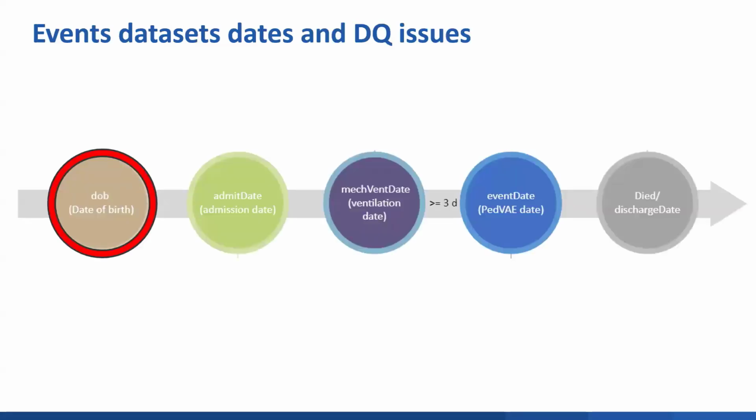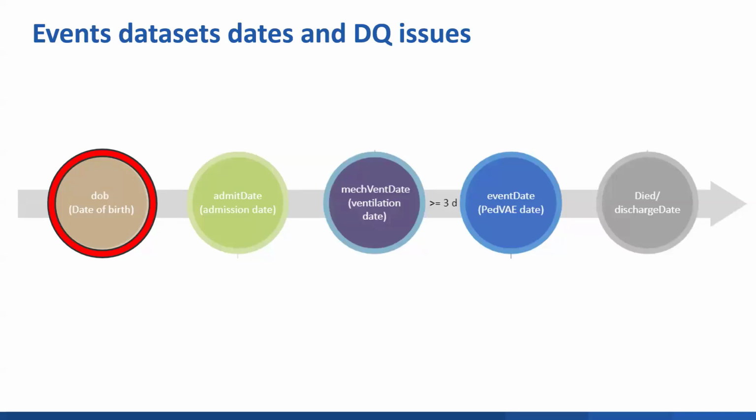I want to quickly walk through some less common issues about some event dates. So here on the screen, you can see some key dates of a patient. From the left to the right are his or her date of birth, admission date to the hospital, ventilation date, event date, and the discharge date or the date of passing.